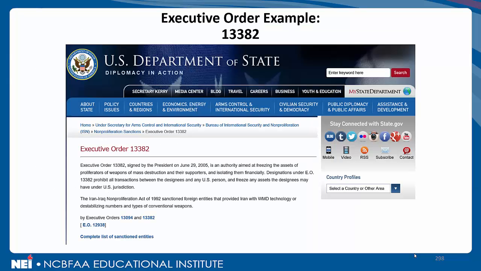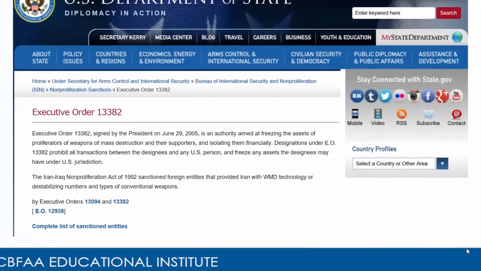Quick example, and there are many, but this is off the U.S. Department of State website. It's an executive order example, 13382. We won't go into too much detail here, but just wanted to illustrate, really as a result of what we just stated, the number of resources that are out there to engage in these screening activities.